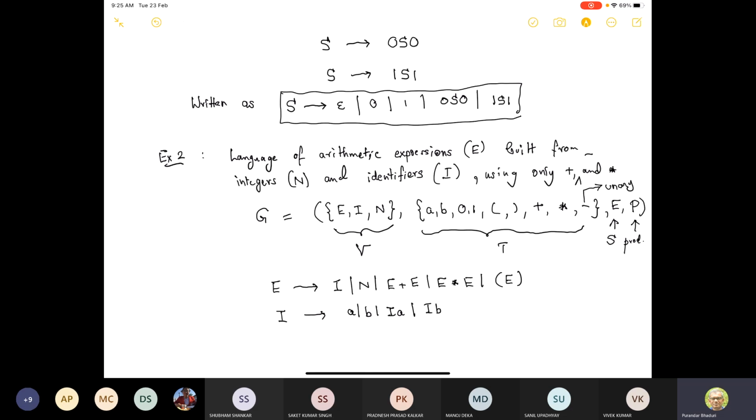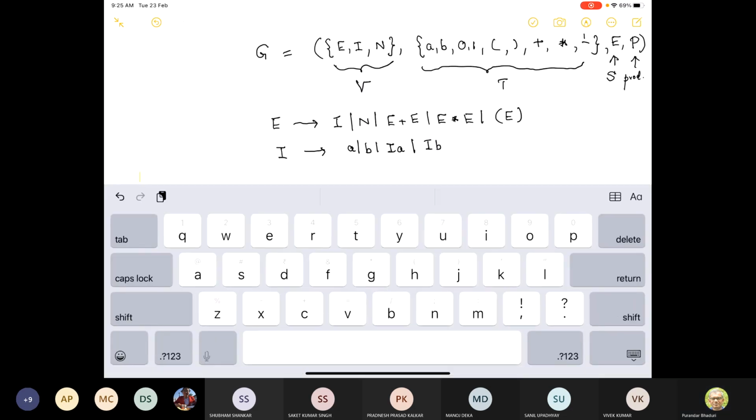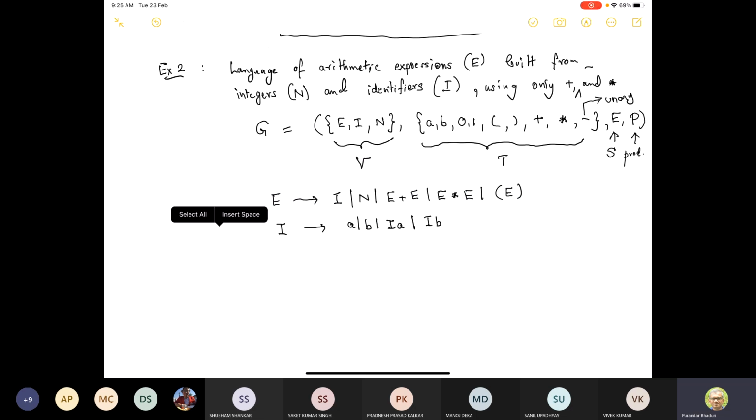Just to simplify things. And by the way, this identifier can be specified using a regular language, right? As you can see, because it's just any string of lowercase letters, non-empty, of course.